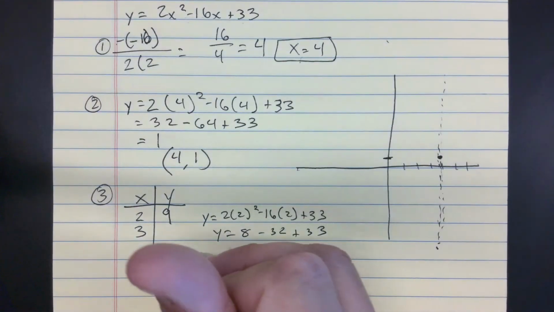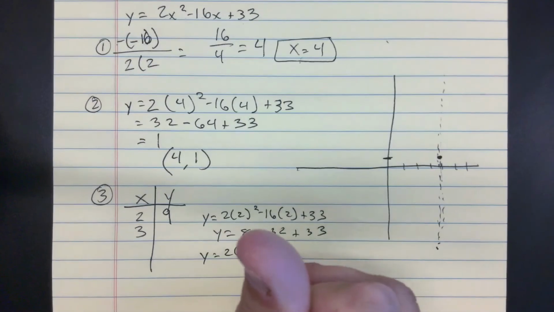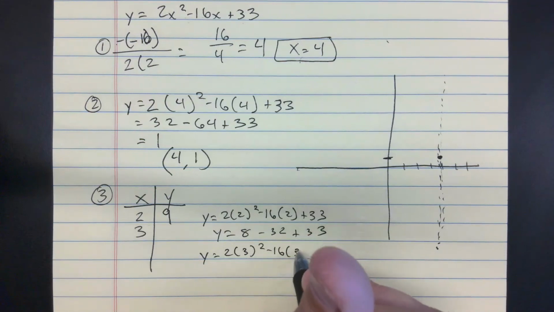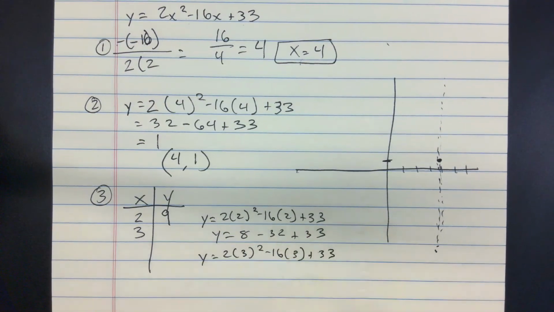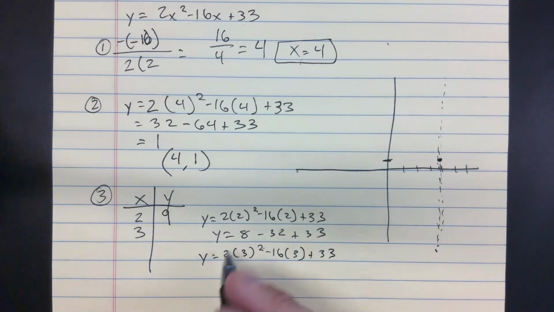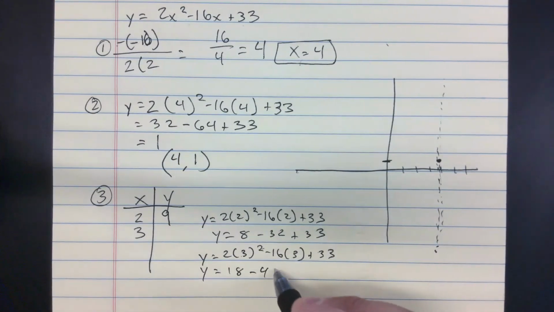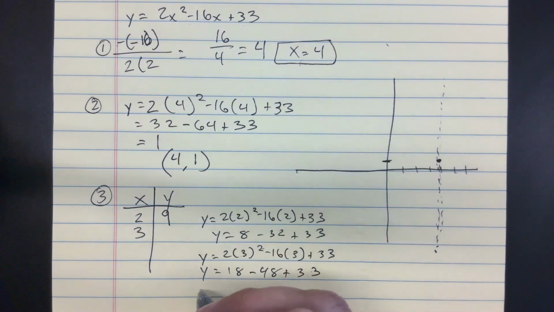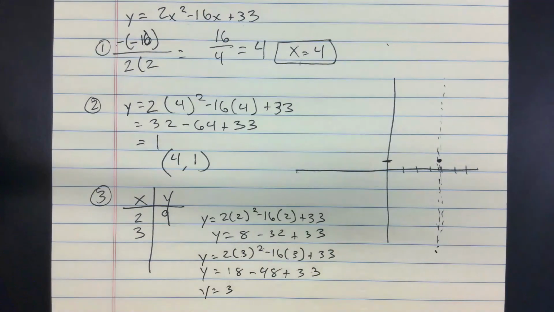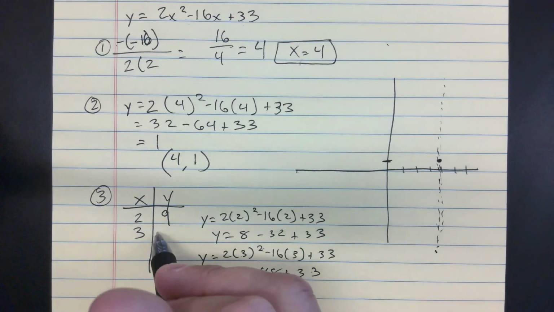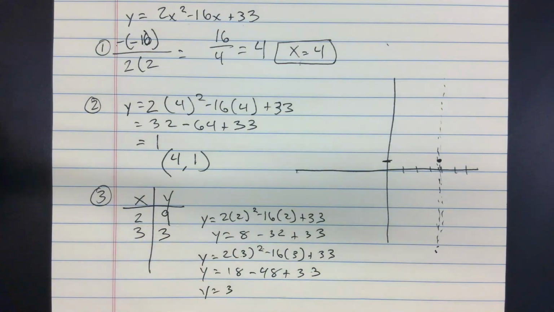Now if we plug in 3, we get 2 times 9, 18, minus 48 plus 33. Is that 3? Right? So 3. Okay, Jordan, we got our points.